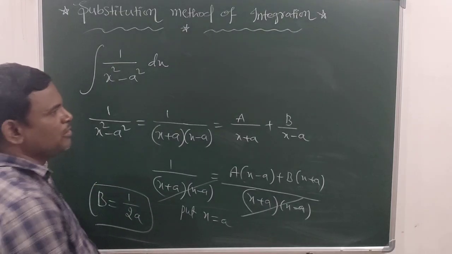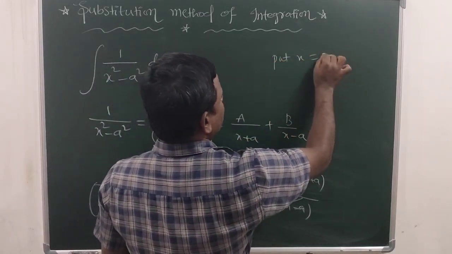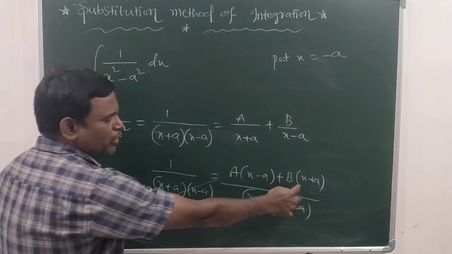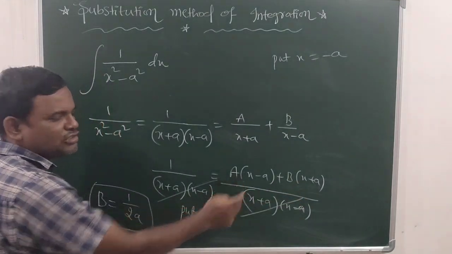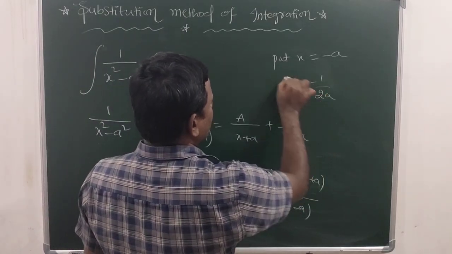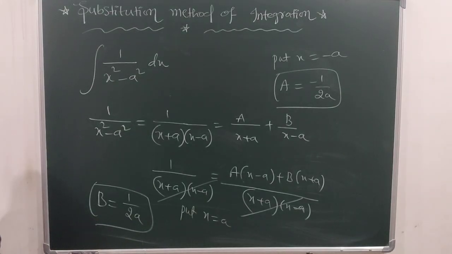In the same manner, put x equal to minus a on both sides. If you write x equal to minus a on both sides, this is going to become 0 and A is going to become minus 1 by 2a. You have found the A and B values. Observe that.